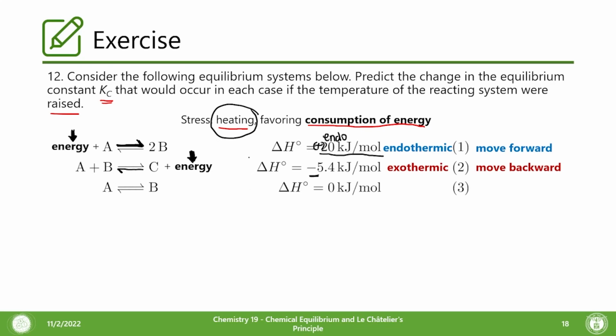So, whether I heat or cool my system, the reaction constant will not change because delta H is equal to 0. Okay, so therefore there will be no shift. Okay, so that's how to answer these problems. Delta H just tells us whether it's an endothermic or an exothermic reaction. It could be simpler. It could just ask you that energy is here or the energy is there.